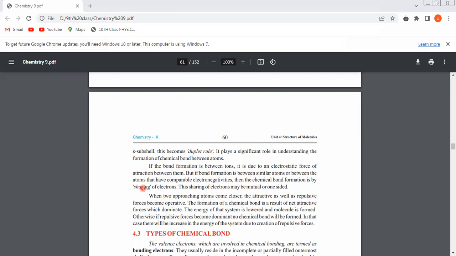When two approaching atoms come closer, the attractive as well as repulsive forces become operative. The formation of a chemical bond is the result of net attractive forces which dominate, the energy of that system is lowered and a molecule is formed. Otherwise, if repulsive forces become dominant, no chemical bond will be formed. There will be an increase in the energy of the system due to creation of repulsive forces.